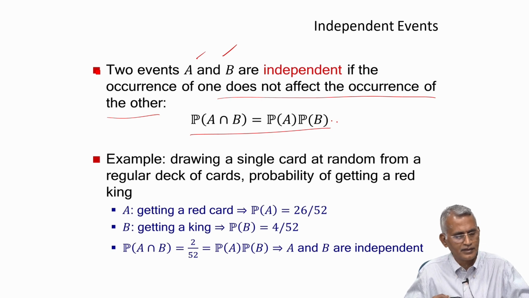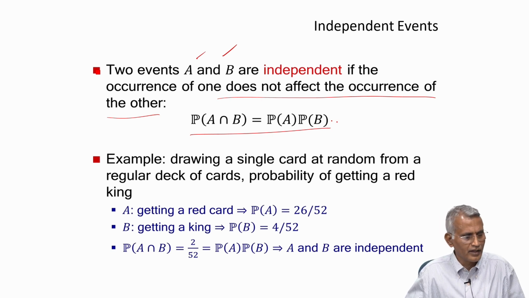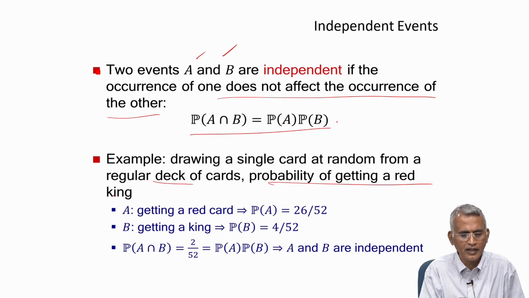Now, we have an example: drawing a single card at random from a regular deck of cards, and finding the probability of getting a red king.